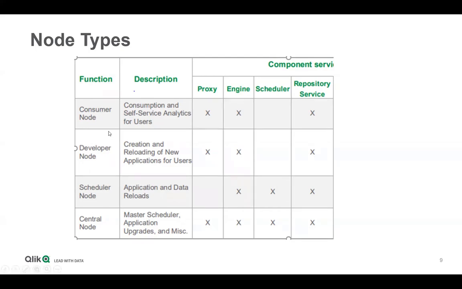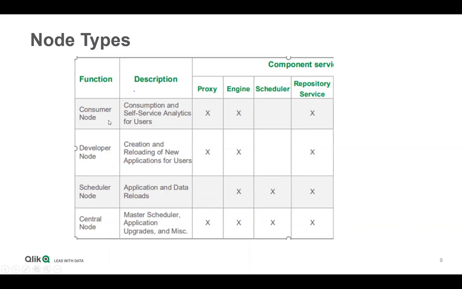So here I would like to introduce some concepts. Based on the node function, we would like to define the nodes as consumer node, developer node, scheduler node, and central node. So what does each node function mean?